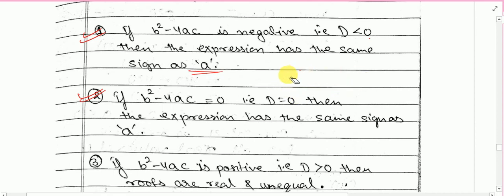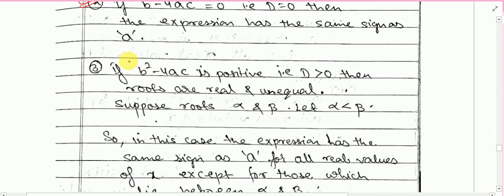And the third one, if the discriminant is positive, means greater than 0, in that case that quadratic function will have two roots, real and unequal. Let's say those roots are alpha and beta, and let's say alpha is less than beta.